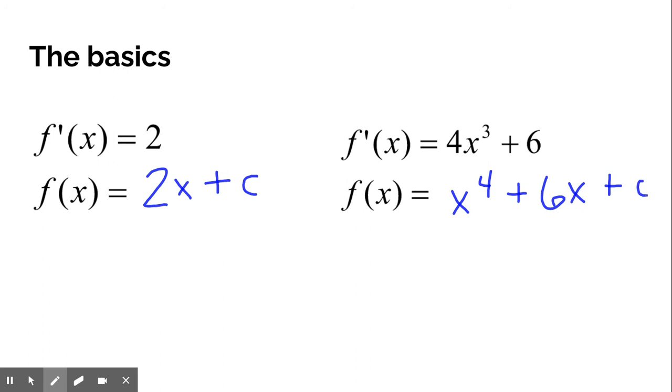So you can see this exponent rule in the first term is this add 1, divide idea, where I'm moving from 4x cubed, adding 1 to the exponent and dividing the front coefficient by my new exponent. That allows me to get to the power rule for antiderivatives.